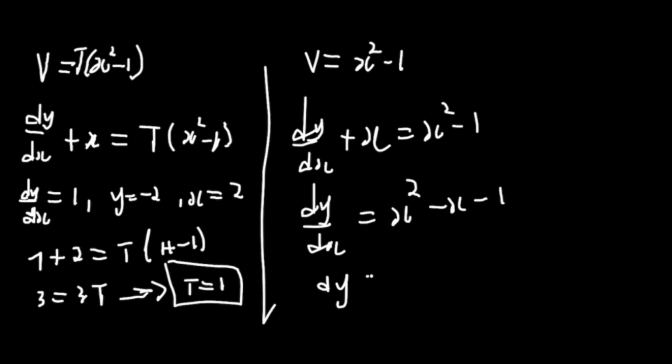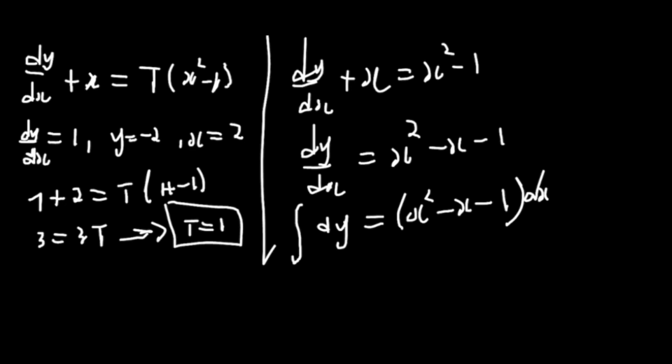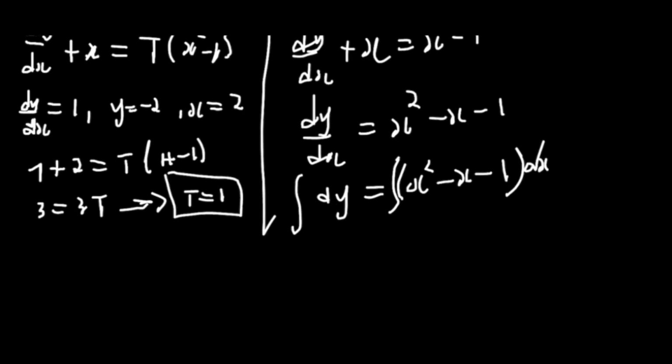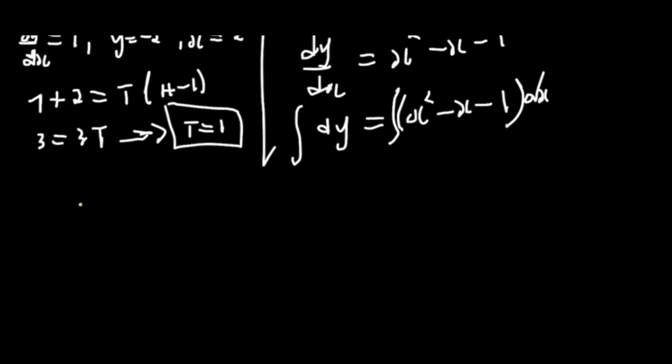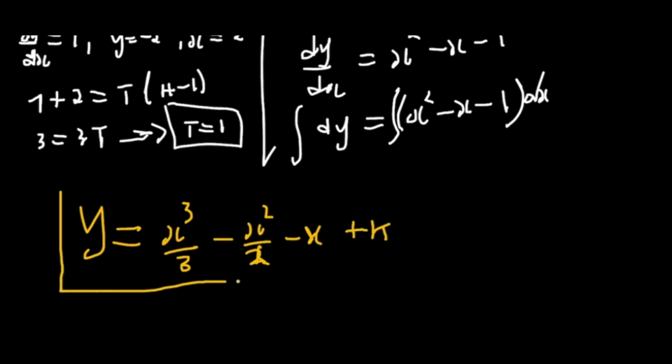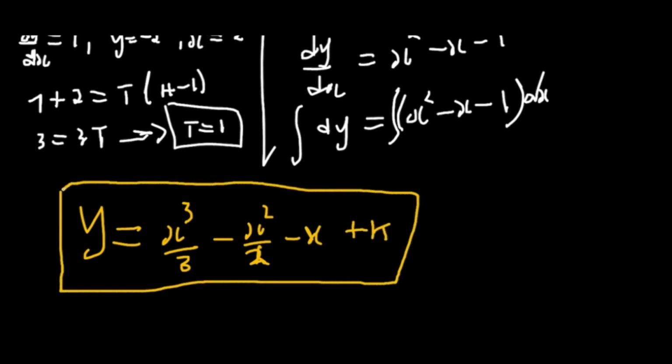Therefore, our dy will be x squared minus x minus 1, all of that dx, so that when we integrate this, we're finally going to have y equal to x cubed all over 3 minus x squared all over 2 minus x plus a constant k, because the limits of integration were not given.